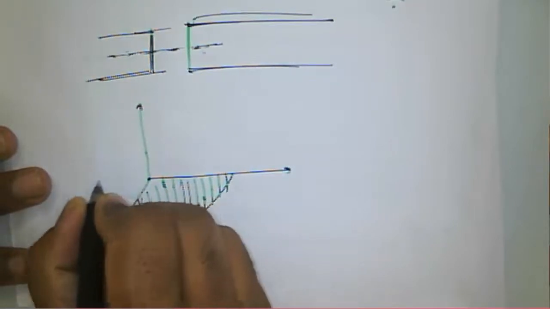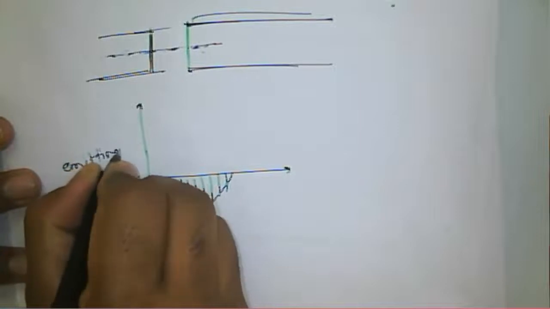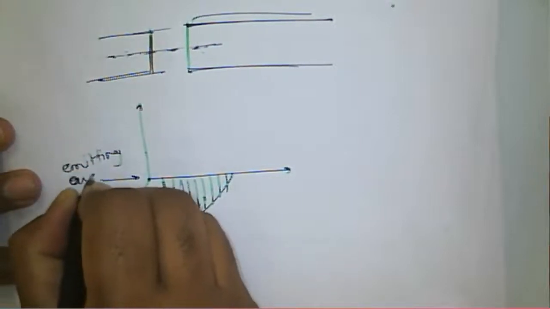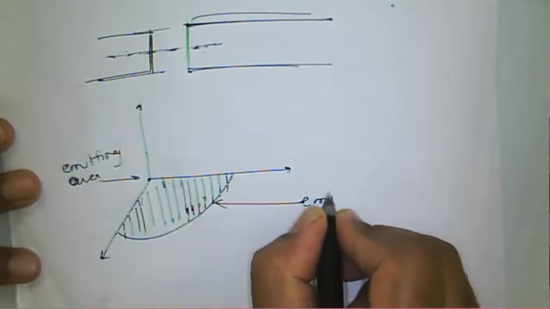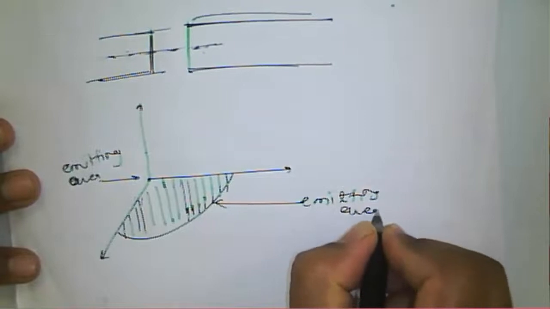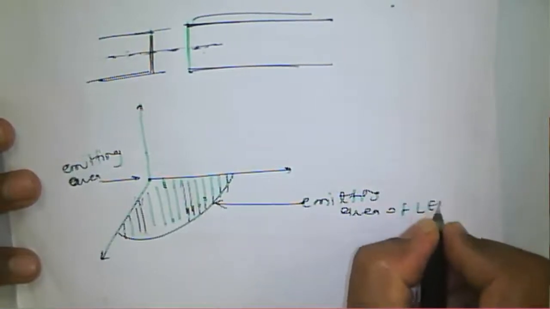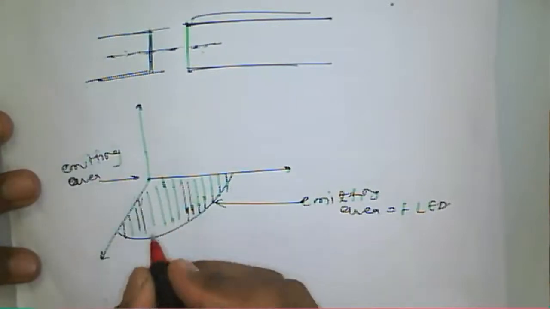Here we have the emitting area center, and this is the emitting area of the LED.